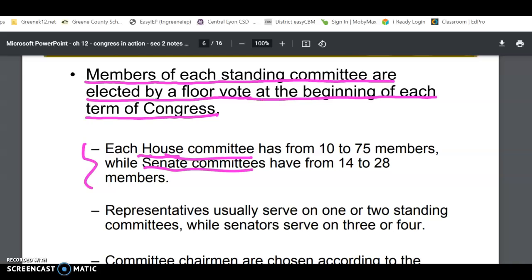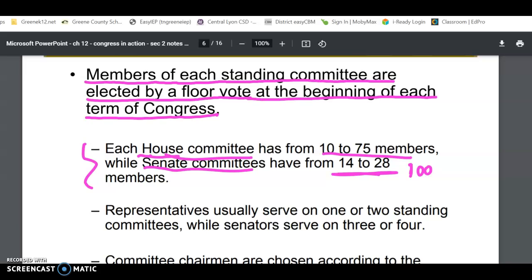The House committees have lots of members, whereas the Senate standing committees have smaller numbers because there's only 100 senators, 2 from each state. But in the House, it's based on population. So there's like 300 and something current members of the House. So that's why they have more.